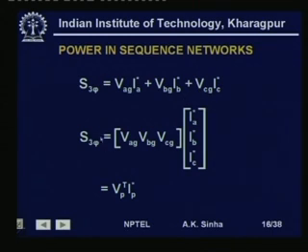This in matrix form can be written as S 3 phase is equal to, this is row vector V A g, V B g, V C g, and this is a column vector I a conjugate, I b conjugate, I c conjugate.